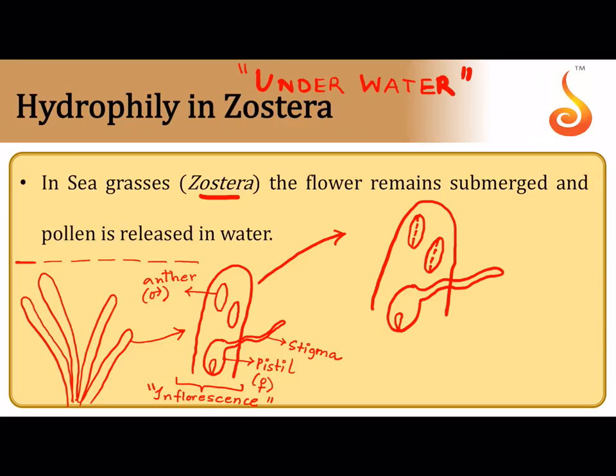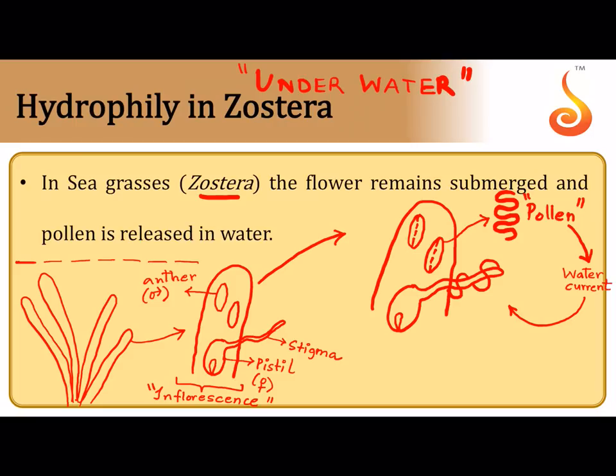When the anther breaks open, it liberates into the water a coiled, elongated, ribbon-shaped pollen grain. See how the pollen grain is? It is like a thread or a ribbon. Now this pollen grain will still be inside water. It is carried passively by the water current, and by chance the pollen grain will reach the stigma, and once it reaches the stigma, it coils around the stigma.